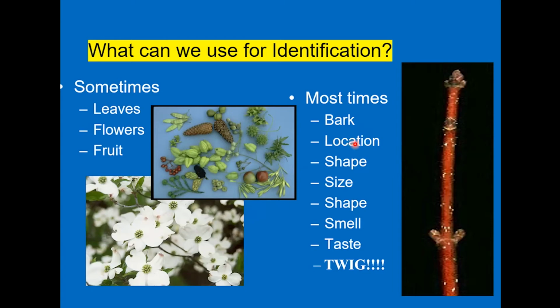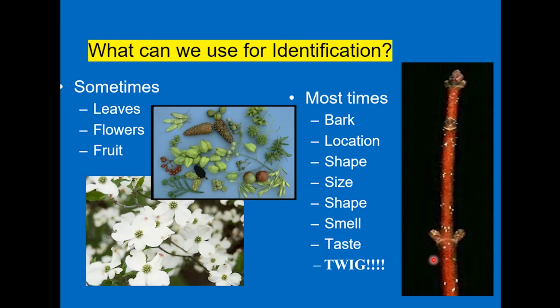If you were up in the Cedar Glades, you would probably put that in your memory bank and say that tree is only grown in the Cedar Glades. We talked about shape and the size, another shape, the smell. Sometimes when you take a tree and scratch its bark, you can get a smell. Even taste is sometimes used, not often, but sometimes.